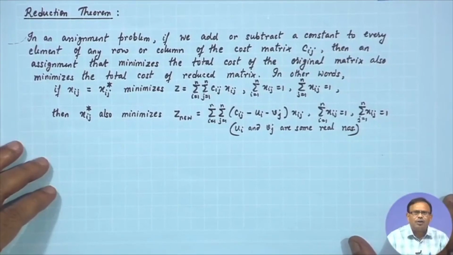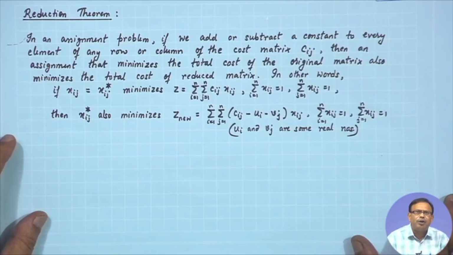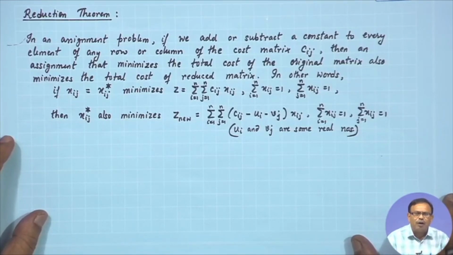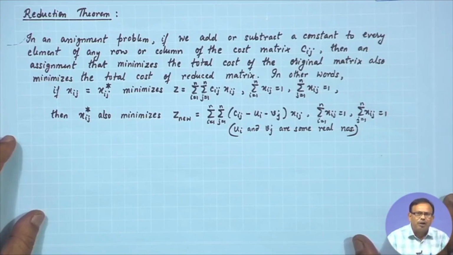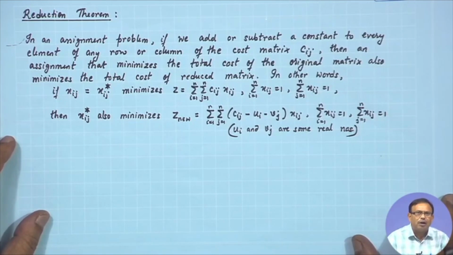I am not going through the entire theory of this, which I am leaving for you. You can read the books and understand it, but this important theorem we call the reduction theorem. In an assignment problem, if we add or subtract a constant to every element of any row or column of the cost matrix Cij, then an assignment that minimizes the total cost of the original matrix also minimizes the total cost of the reduced matrix.